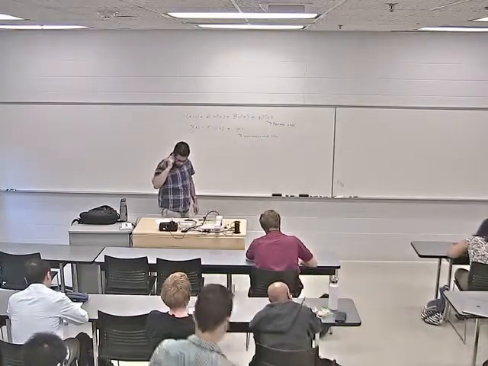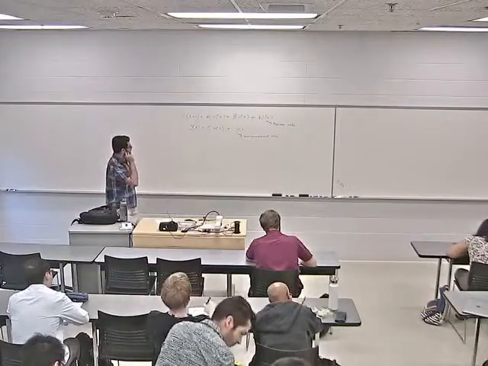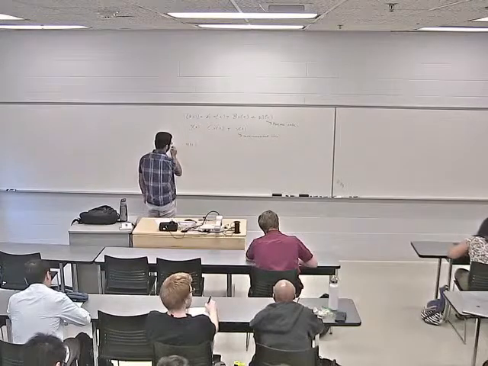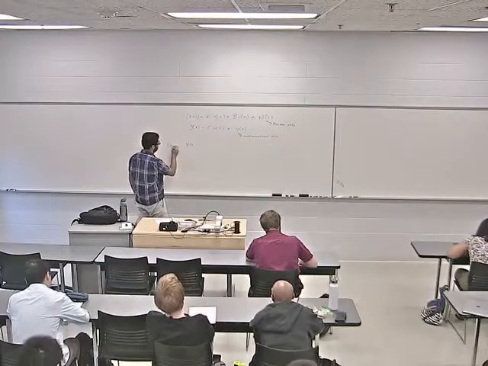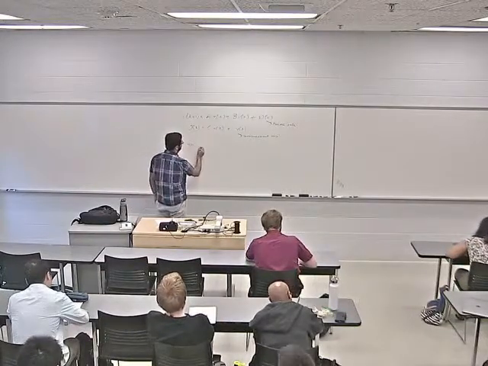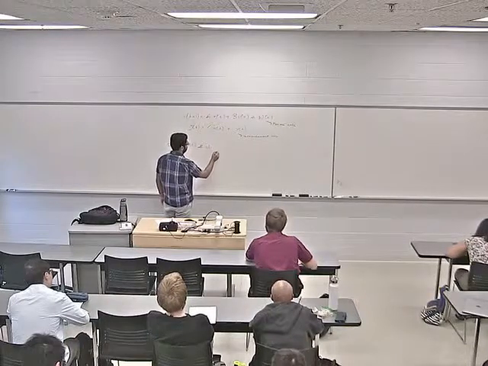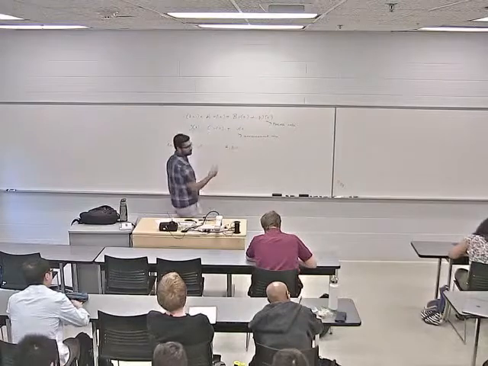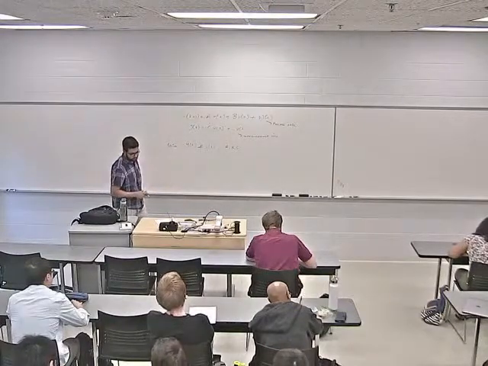Okay, so the problem is that you're given a sequence of y of k and u of k, and A, B, C, D. I'm not considering D. I mean, you can, but that doesn't really make a difference.